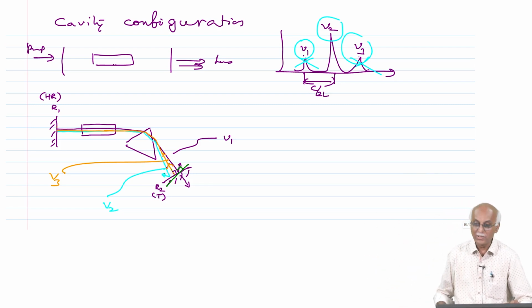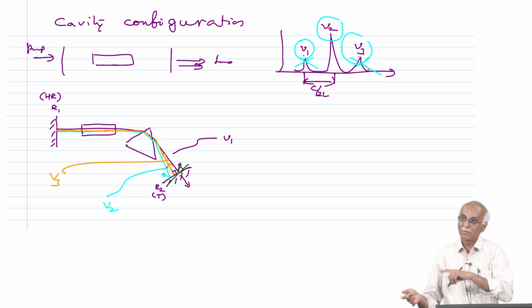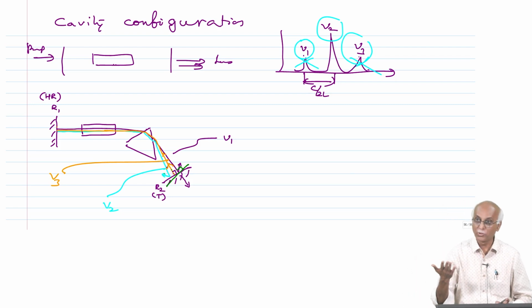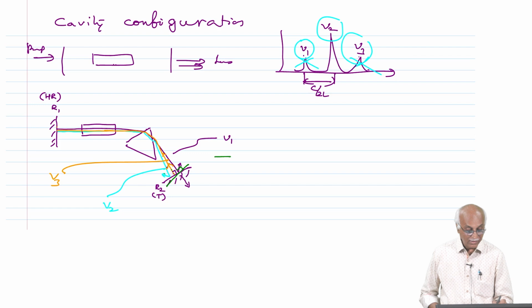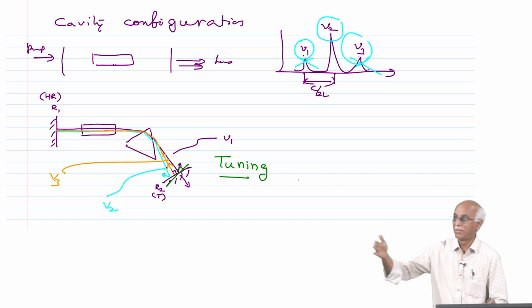Losses for nu2 and nu3 are much more. So, what you are doing is tuning the laser wavelength corresponding to nu1 or nu2 or nu3 or many more.